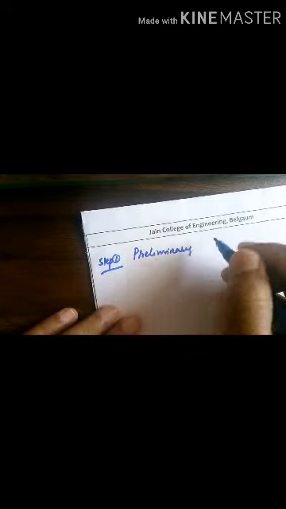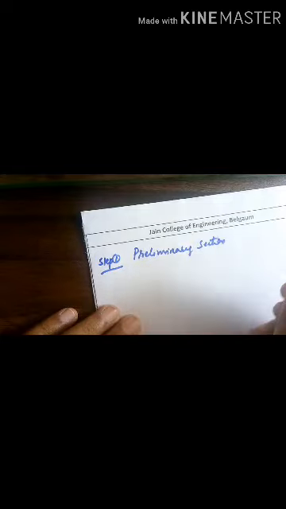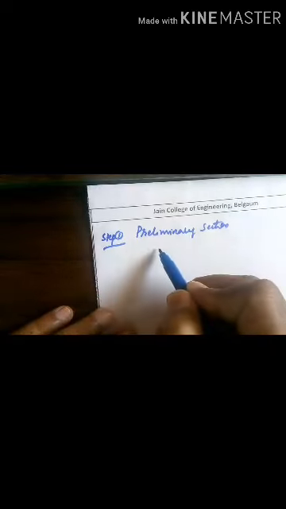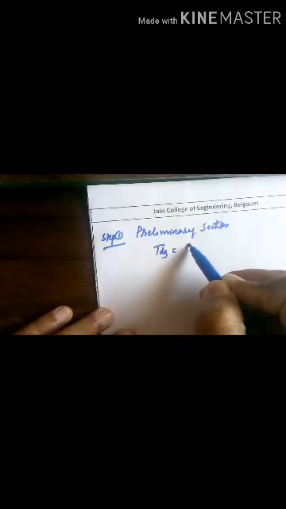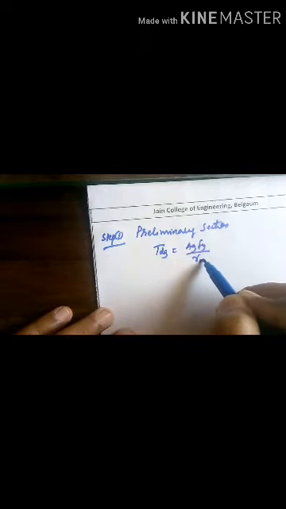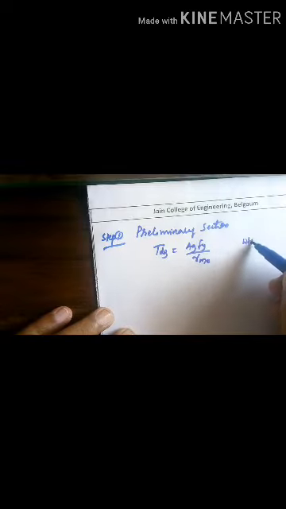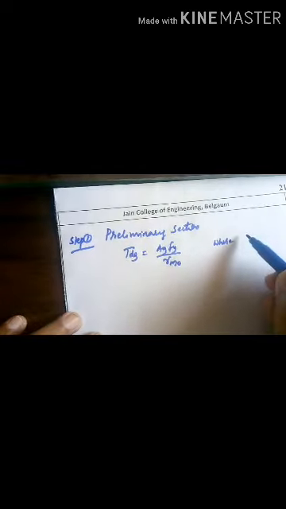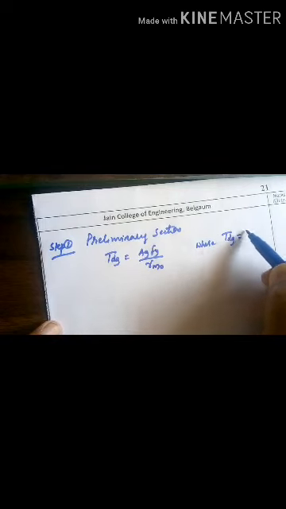So what is step number one? Step number one: first we have to calculate the preliminary section. To calculate the preliminary section we have a formula, that is Td equal to Ag fy by gamma m0, where Td, the factored load, is given, that is 400 kilonewton.